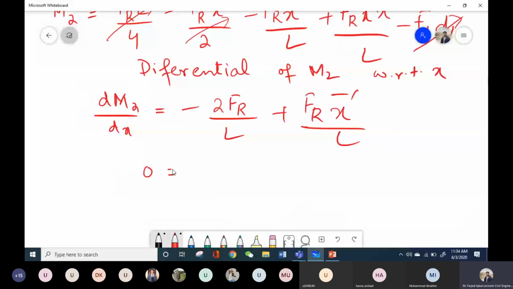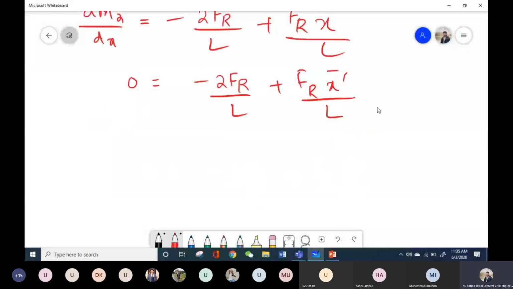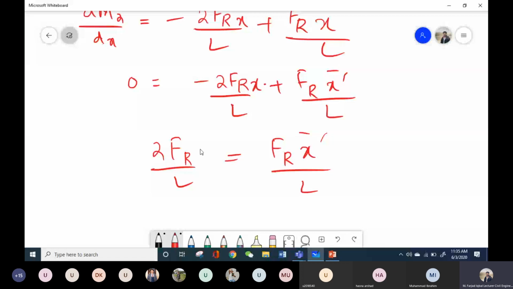I will get minus 2FR over L plus FR x bar dash over L equal to 0. If I simplify this, I will get 2FR over L equal to FR x bar dash over L. By the way, there is x with this term, so this will cancel out, and this will also cancel out. I will be left with x equal to x bar dash over 2.